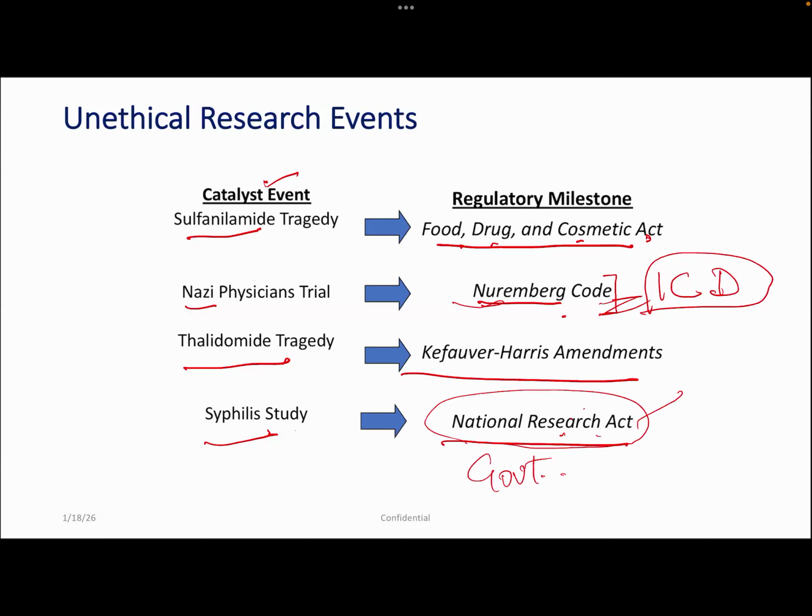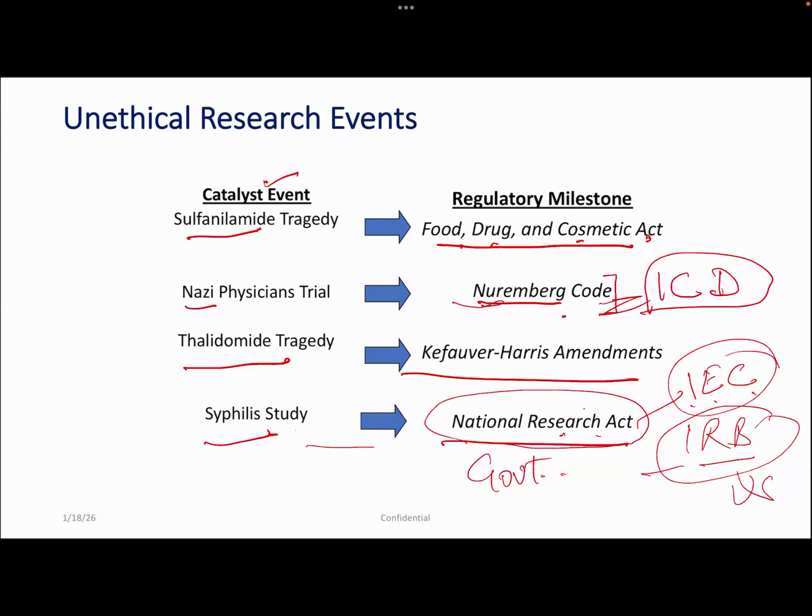So because of this came the concept of EC, or you can say IRB or IEC, Institutional Ethics Committee, Institutional Review Board. IRB is in US, EC is mostly in other parts of the world. The concept is the same, but the origin is from this. So remember these differences.